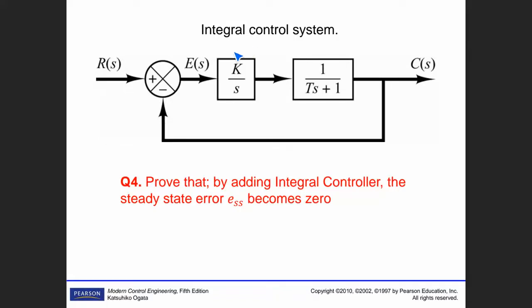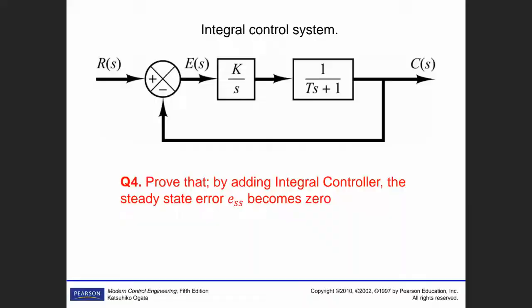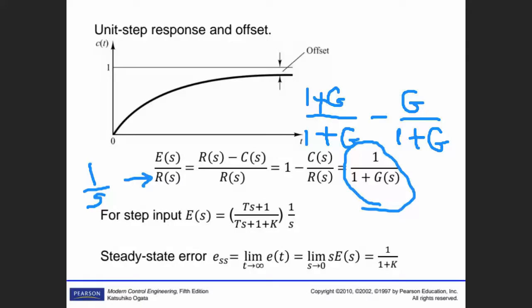If instead of K you use integral control, what's going to happen? We have already proved that the error is not going to be this one; the error is going to be 0. So, listen carefully, one result.